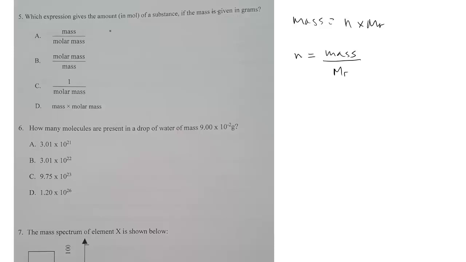And in terms of this question, the answer is A. Mass divided by molar mass will give you the mole. Question 6. How many molecules are present in a drop of water of mass of this?